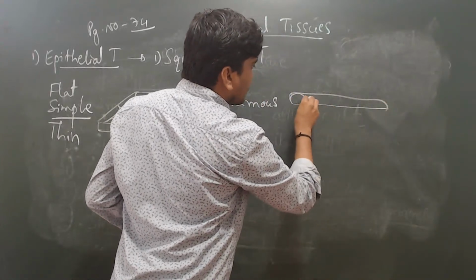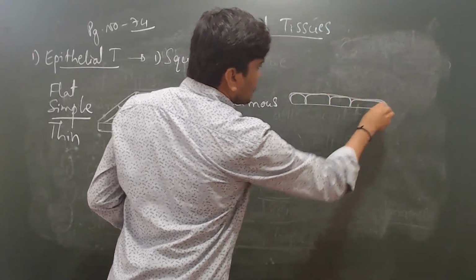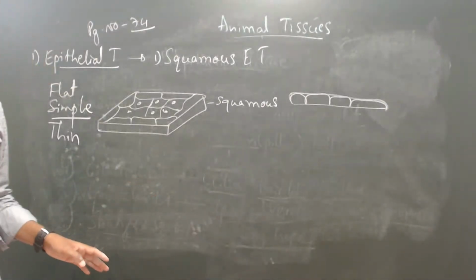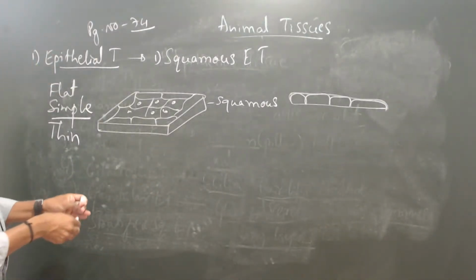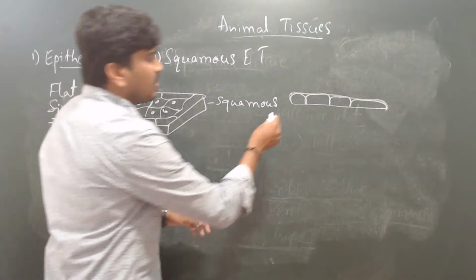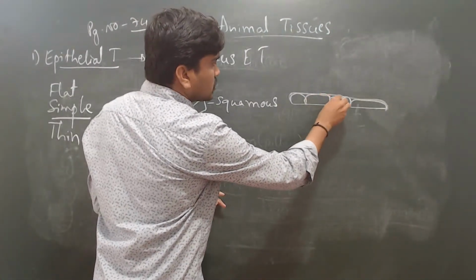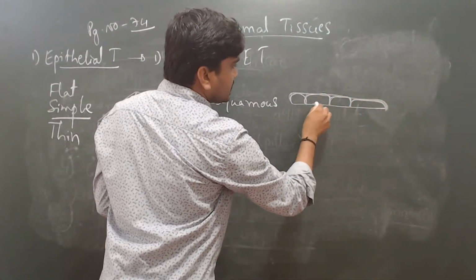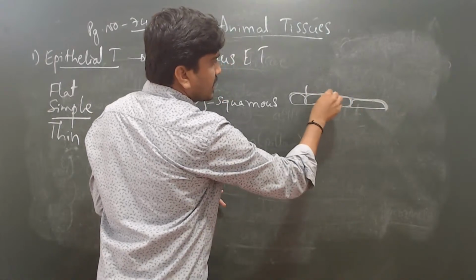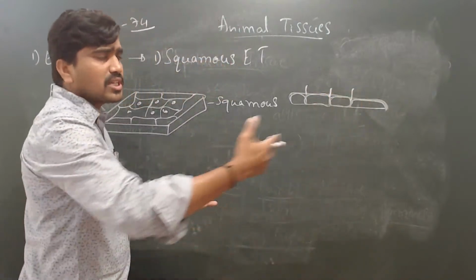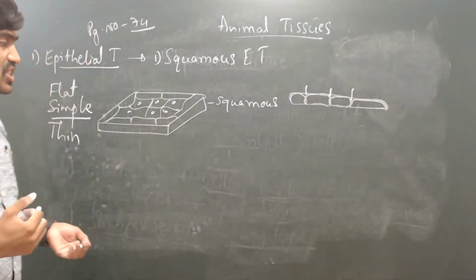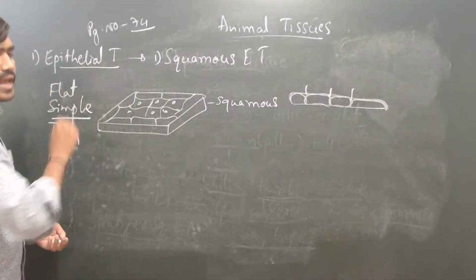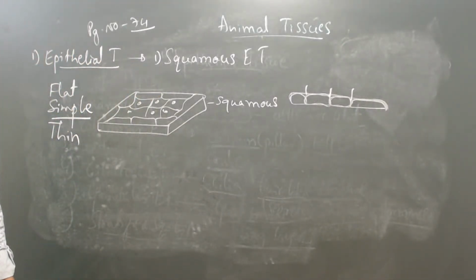A single layer, flat, thin single layer is known as squamous, and one edge is attached to another edge, and it forms a long, flat, thin structure. That tissue is known as squamous tissue.